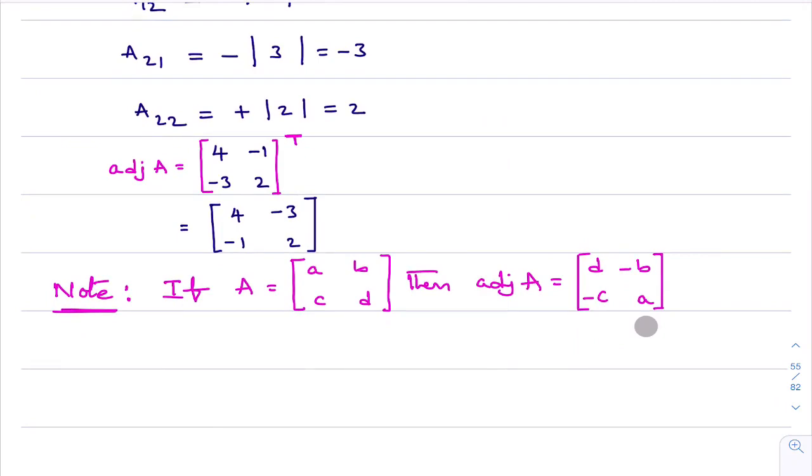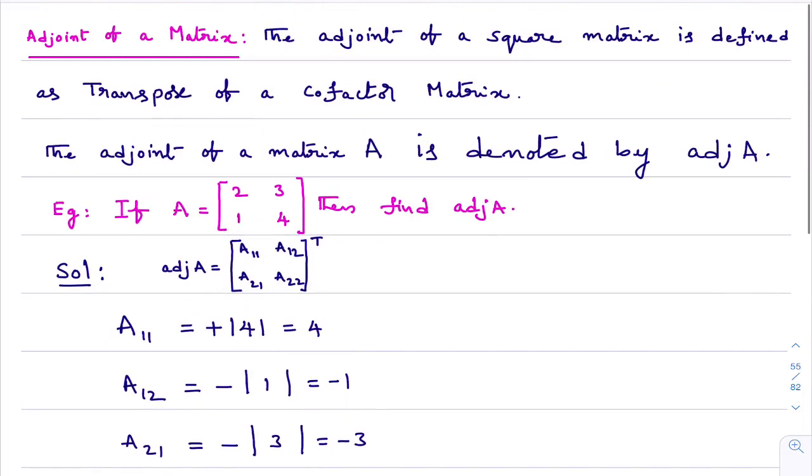What we learned till now in this class is the adjoint of a matrix, and we considered one example to understand it, right? What is the adjoint of a matrix? The adjoint of a square matrix is defined as the transpose of the cofactor matrix. Now, to understand this more clearly, I'll take one more example of a 3 by 3 matrix and we'll calculate its adjoint.